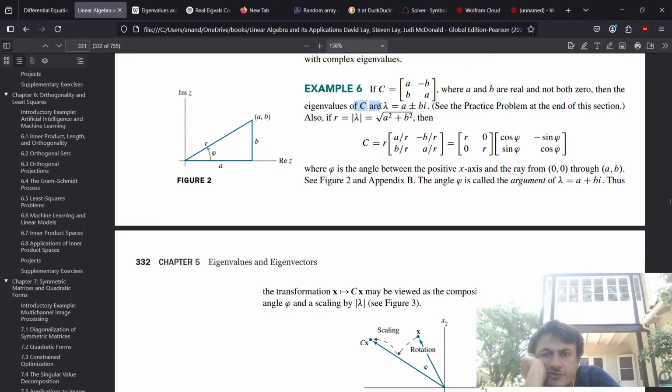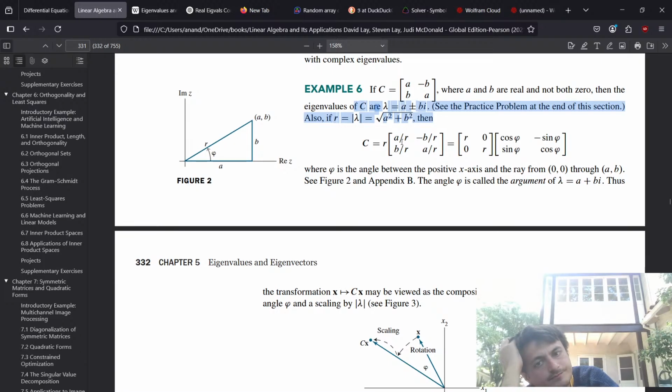and the eigenvalues of C are this. Then you can also write C as R over R. Oh, right. Okay, yeah.